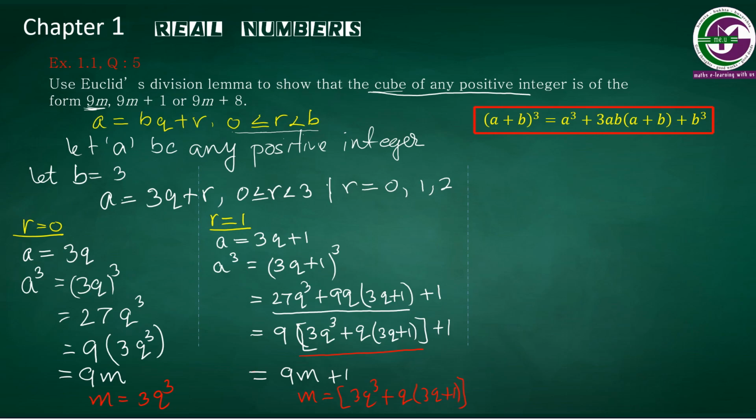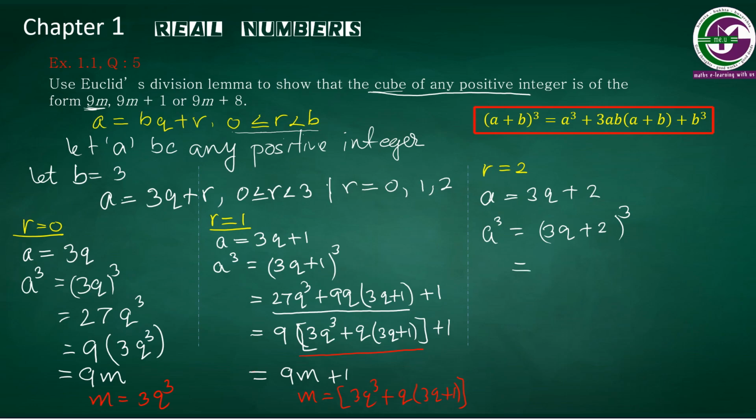Now the last case, that r equals 2. When r equals 2, the Euclid's division lemma statement will be a equals 3q plus 2. Now we'll find the cube of a. A cube equals 3q plus 2 the whole cube. We'll expand using the a plus b the whole cube formula.